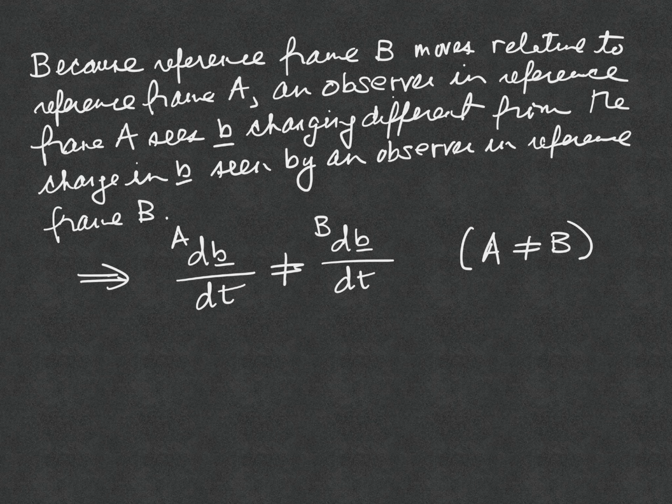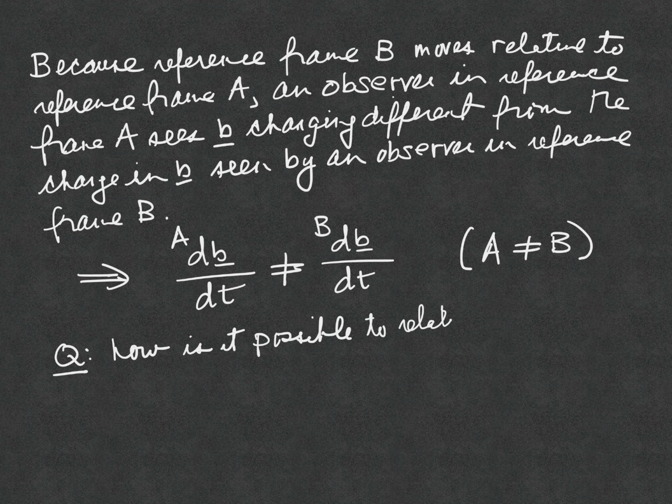So the question then becomes, how is it possible to relate dB dt in B and dB dt in A?